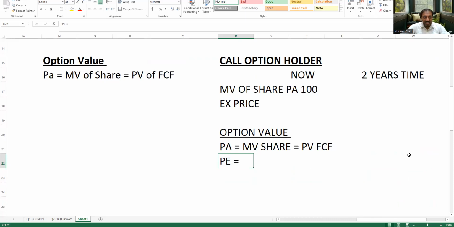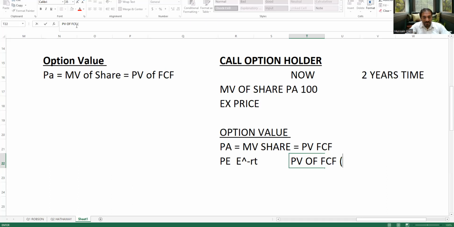And when this PE is combined with E to the power minus RT, this is automatically the present value of the future cash flow of the exercise price. But how the maths happens, don't worry, the examiner is not expecting it.